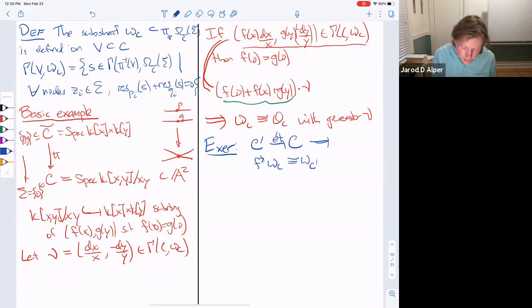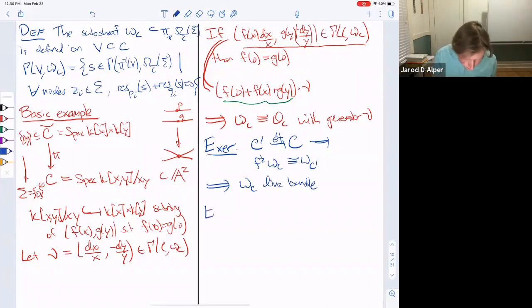I leave this as an exercise, but the fact you need to know is that normalization commutes with étale maps. Once you know that, it's just a simple consequence. And therefore, because we know nodes étale locally look like this, we get that omega C is always a line bundle on a nodal curve.